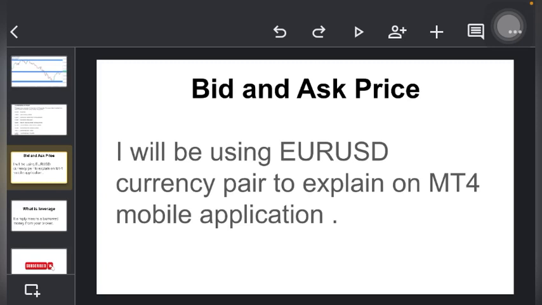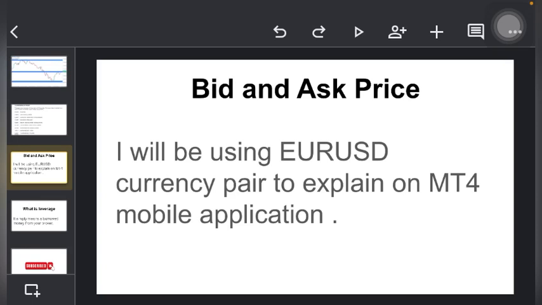It can be crypto, it can be stock or anything. As far as the financial market, the bid is the price that the buyer is willing to buy at, whereas the ask price is the price that the sellers are willing to sell to the buyers. Whereas the bid price is the buying price, the ask price is the selling price.